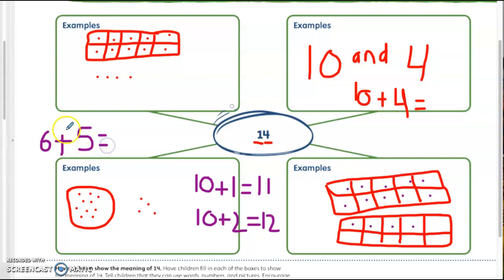We don't need to count 1, 2, 3, 4, 5, 6. No, because you guys, we already know there are 6. So we'll go 6, 7, 8, 9, 10, 11. Let's make sure we got 5. 1, 2, 3, 4, 5. 6, 7, 8, 9, 10, 11.